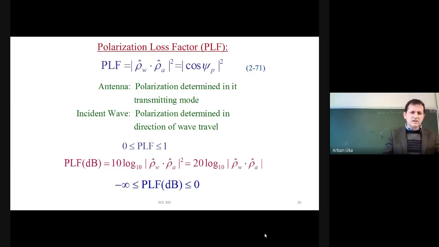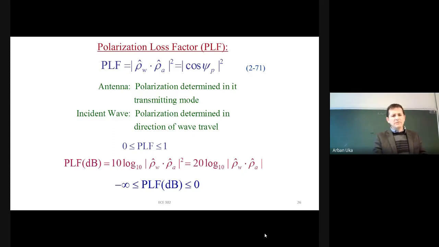So that is straightforward. And you might also predict that when the polarization of the incoming wave is orthogonal to the polarization of the antenna, then the complete power will be lost, because cosine 90 will be equal to 0. So it looks like the PLF is any value between 0 and 1.